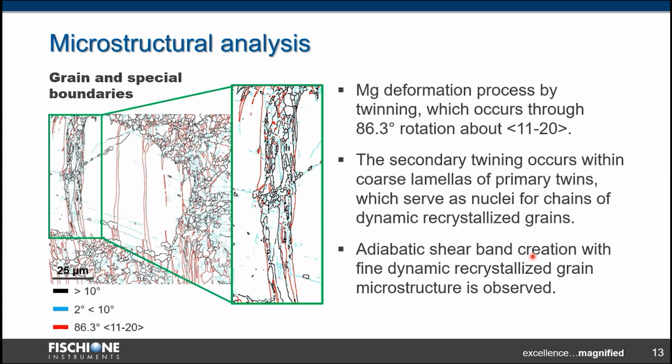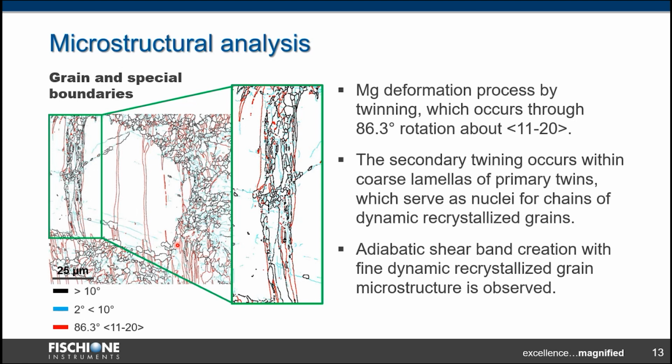On this slide, you can see the grain boundaries EBSD map. The twins are in red. The high angle grain boundaries are shown in black, and the low angle grain boundaries are shown in blue.